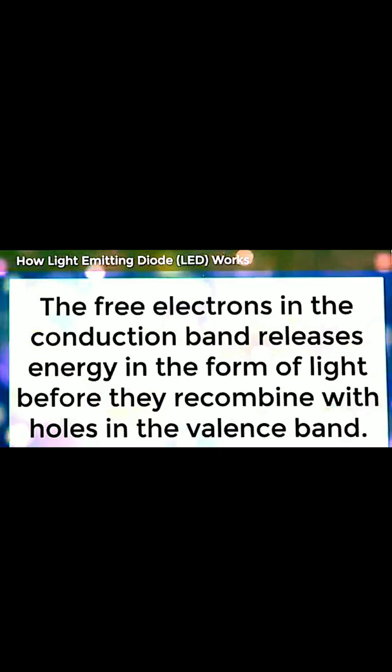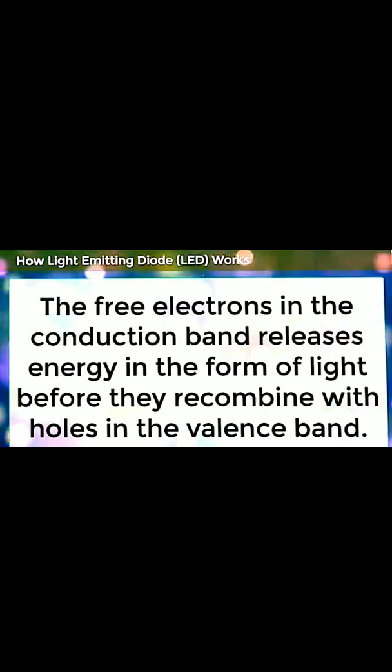This recombination process takes place in the valence band only, not in the conduction band, because the electrons are jumped from the valence band to the conduction band. That's why they conduct electricity or electric current. But after emitting that energy, they will again return back to the valence band and recombine with the holes.